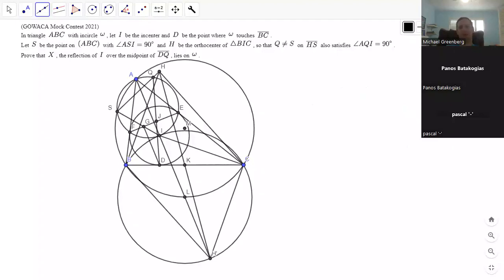This looks like a deep problem. We could work on it for another 10 minutes, but I think it's kind of hard.